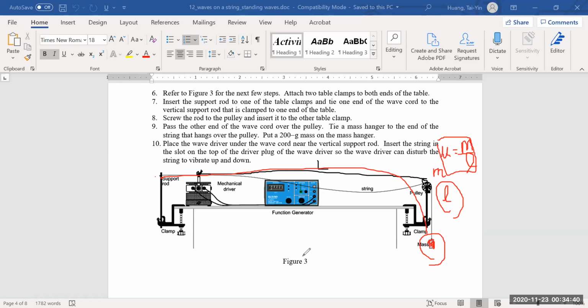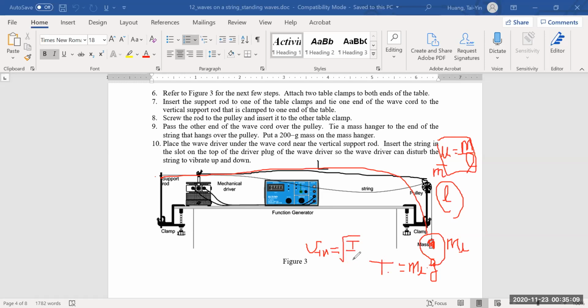And how do we find the tension? If you put on the loading mass, which we call m sub l, then the tension can be found by m_l times g, 9.8. Once you have mu and T, the theoretical value of the velocity would just be the square root of T over mu.